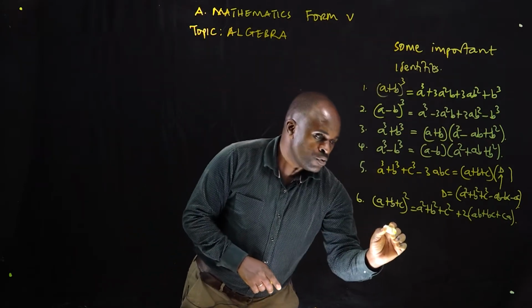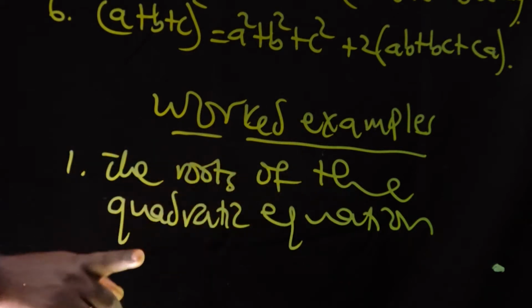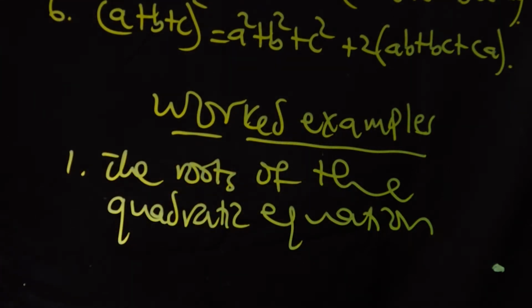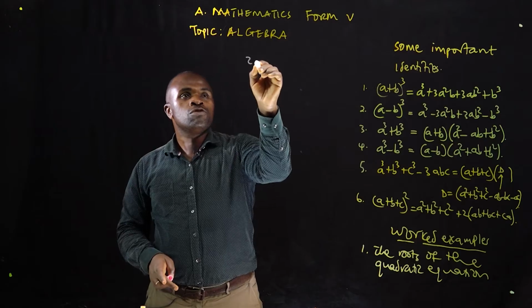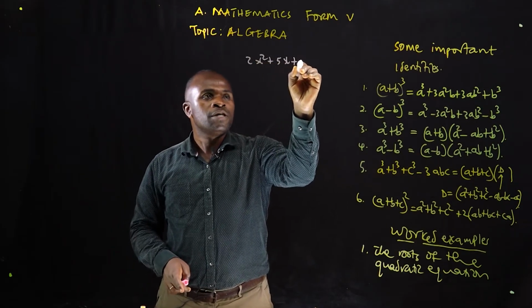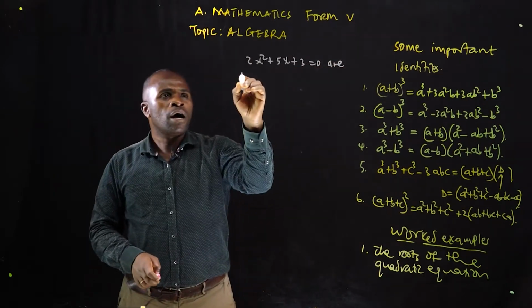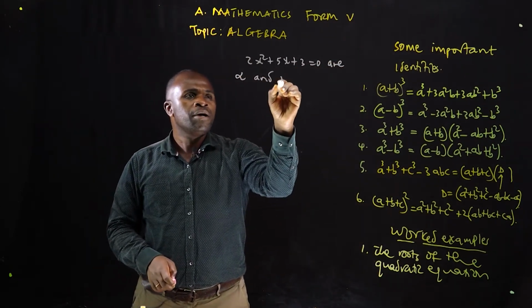Let's check worked examples. The roots of the quadratic equation 2x squared plus 5x plus 3 equals 0 are alpha and beta.